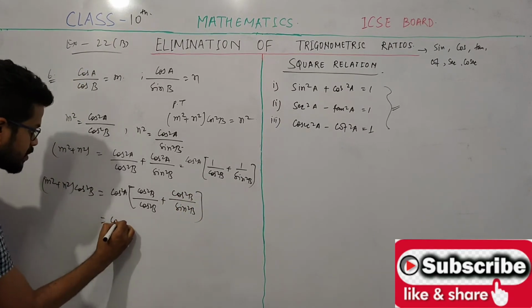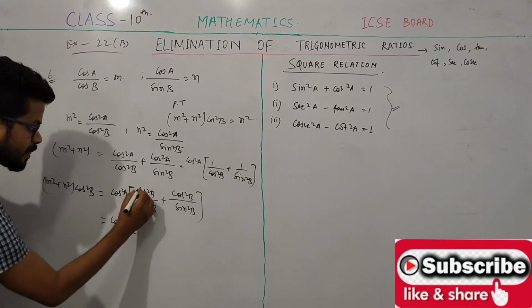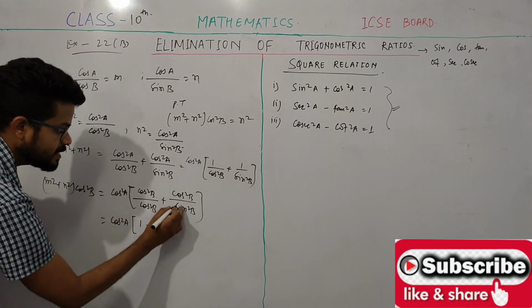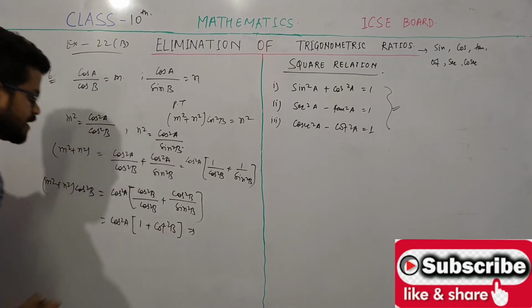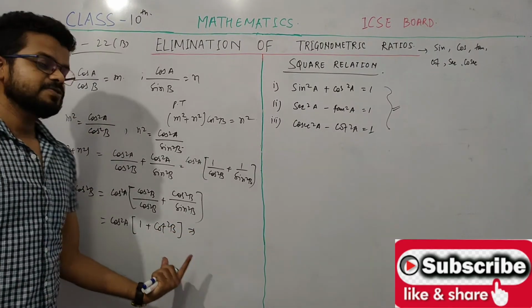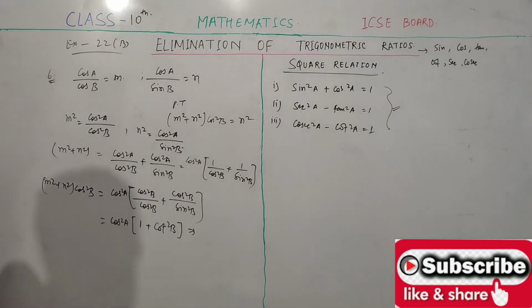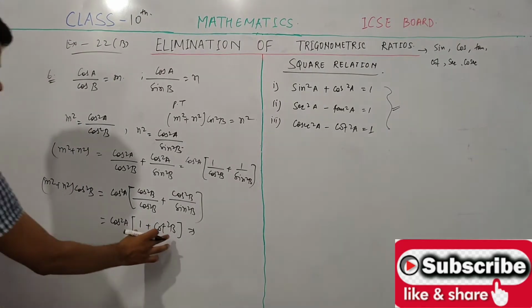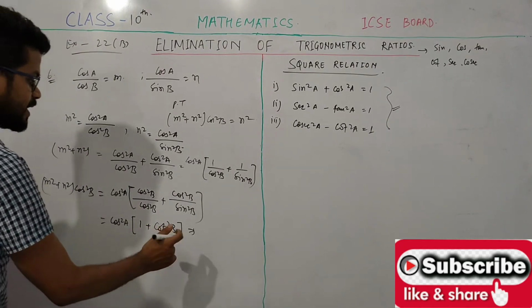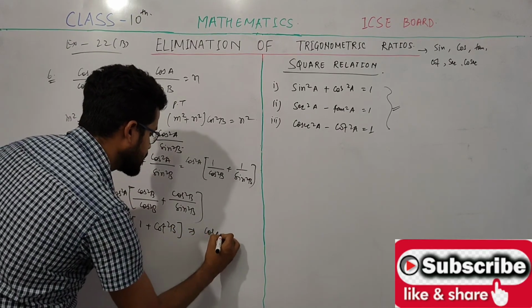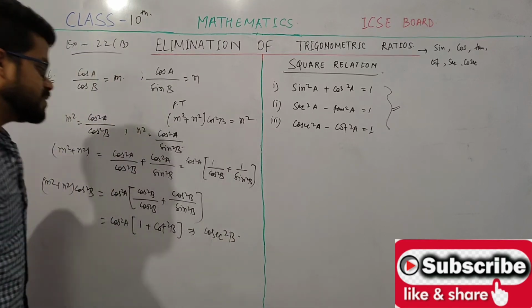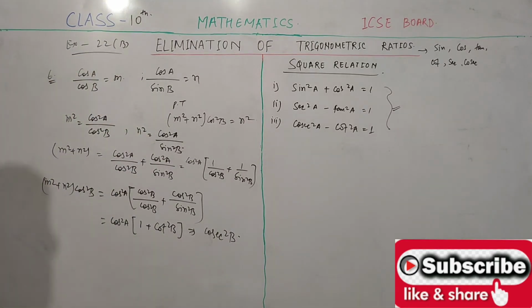Now this is cos square a times 1 plus cos by sin, which is cot square b. Okay, now what is 1 plus cot square b? 1 plus cot square b is tan square b, sorry, cosec square b. 1 plus cot square b is cosec square b.